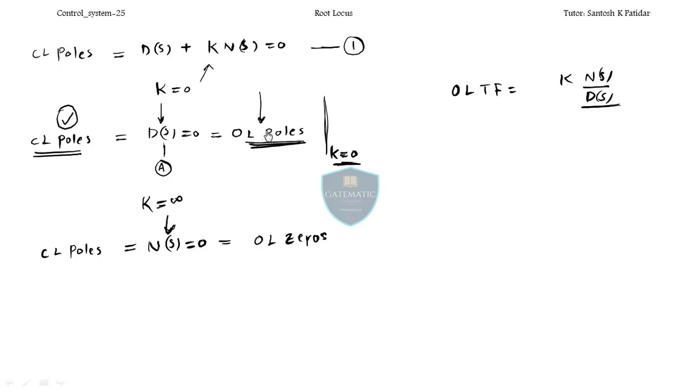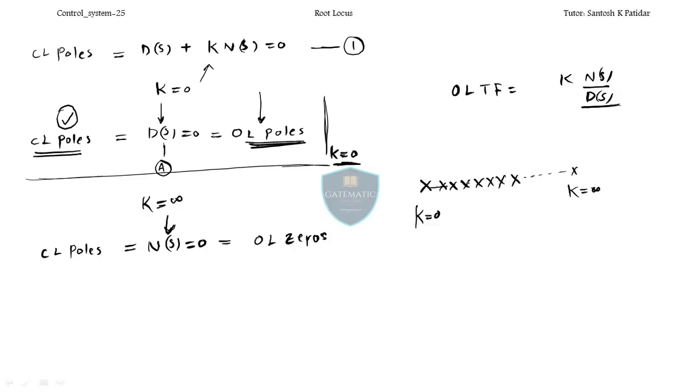Okay, let me take the pen. Very, very important, these 2 points. One is this, means if your poles, what is the condition? This is your poles at k equal to 0. Poles of the open loop control system. So it will move like this, it's moving continuously up to infinity, k equal to infinity.